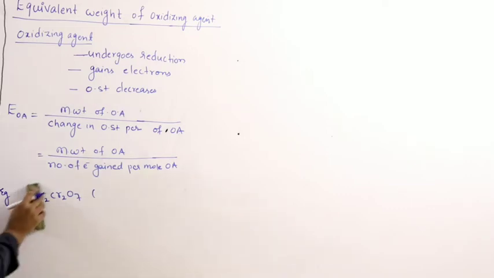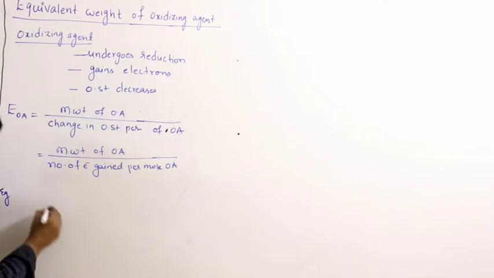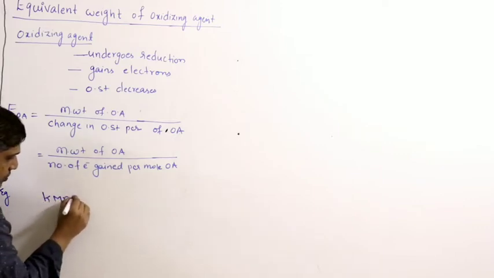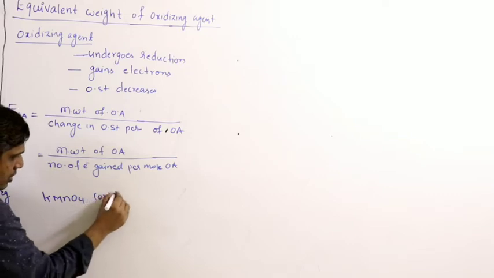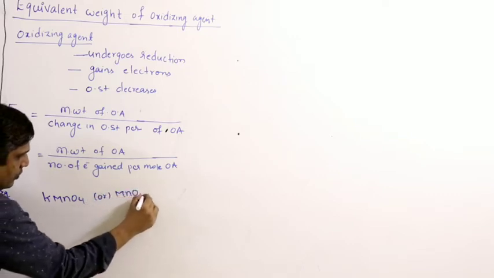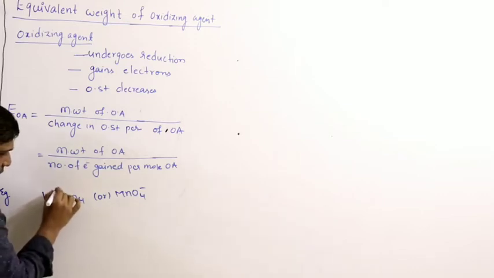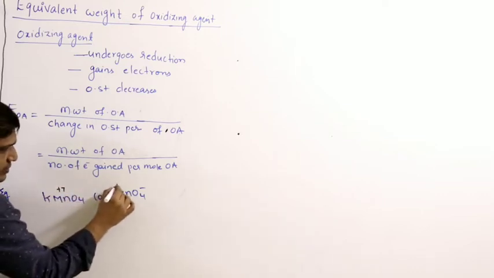Let us start with permanganate first, because it is a little confusing. Potassium permanganate, KMnO4 or MnO4 minus. Already we have studied, the oxidation state is +7.